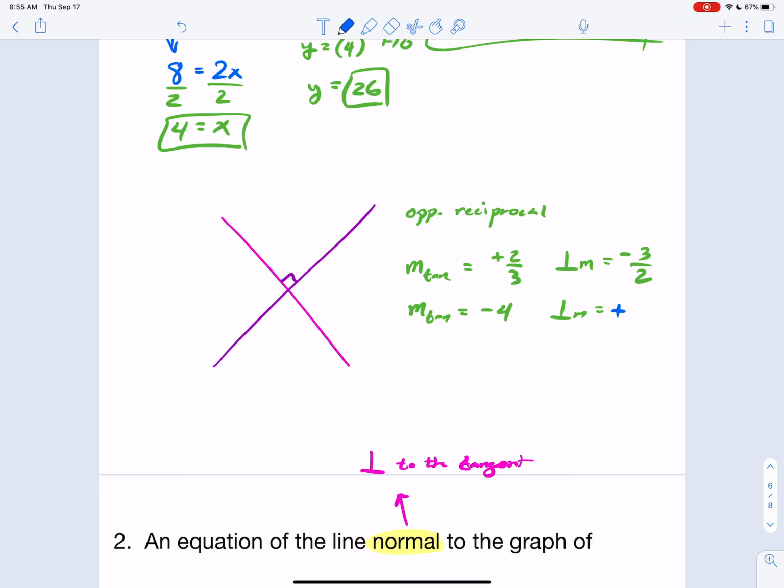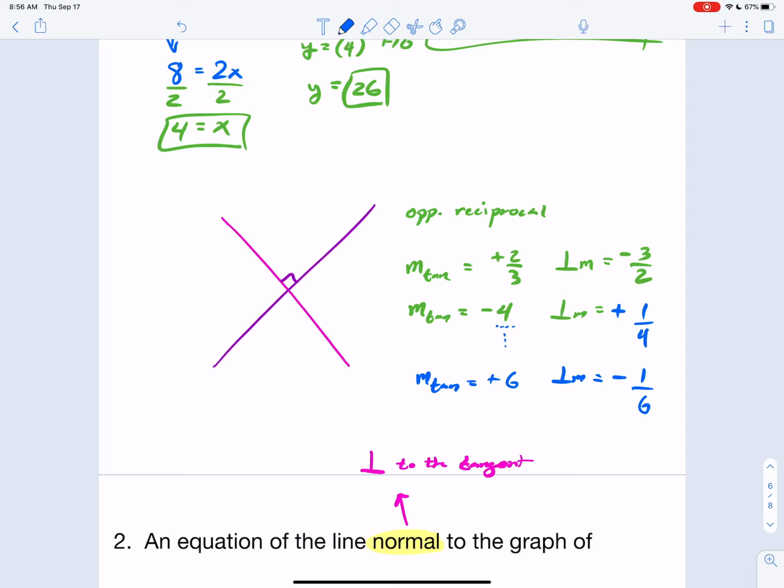And the reciprocal of 4 is 1/4 because it's 4/1. Hopefully you got that. Let's do one more. If the slope of your tangent line is +6, think about what that normal slope is. Press play when you're ready. It'll be opposite, so negative, and it'll be the reciprocal, 1/6.